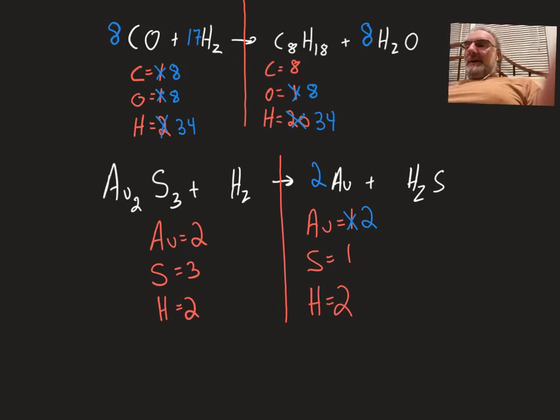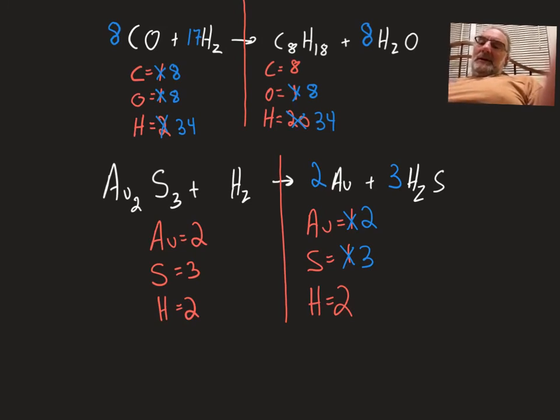I've got 3 on the left side and 1 on the right side. To balance that, I'm going to take the 1 hydrogen sulfide and make it 3. So I have 3 hydrogen sulfides now, which gives me 3 sulfurs. That also changes the number of hydrogens to 6.